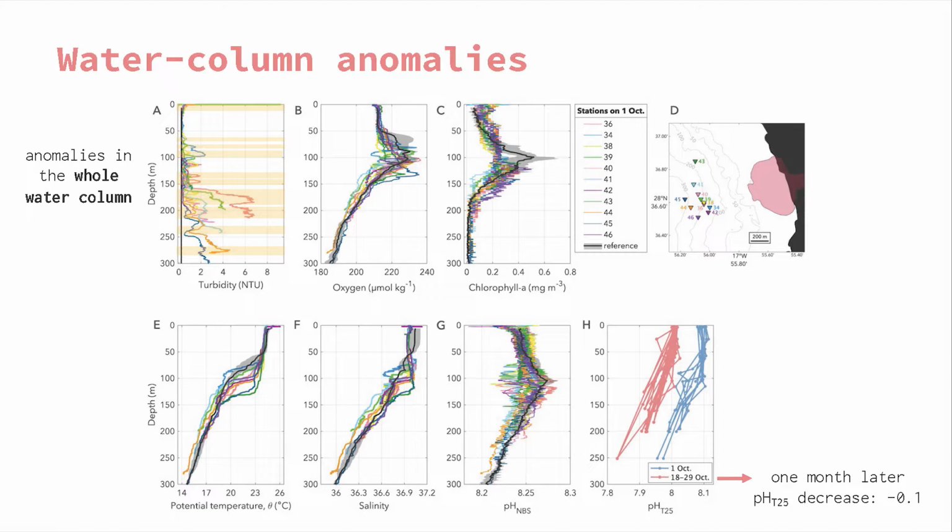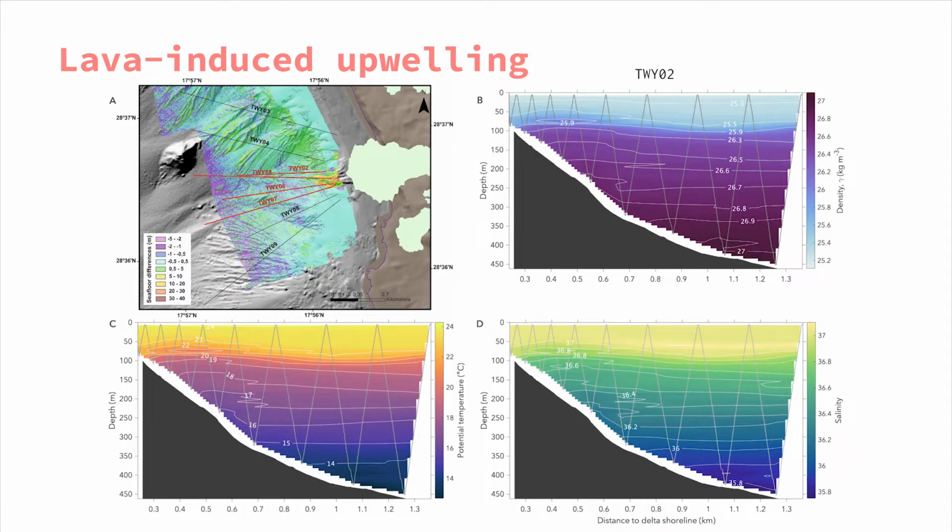Here we can see a comparison of the first few days after the first lava arrival and 1 month later. You can see that there was a decrease of roughly 0.11 units of pH, which is a lot.